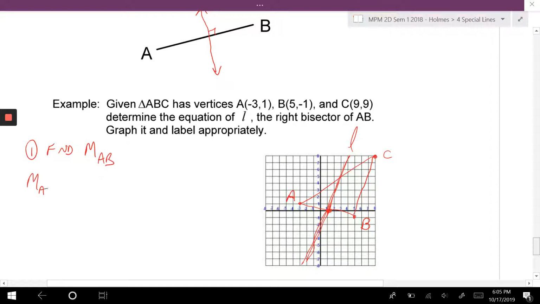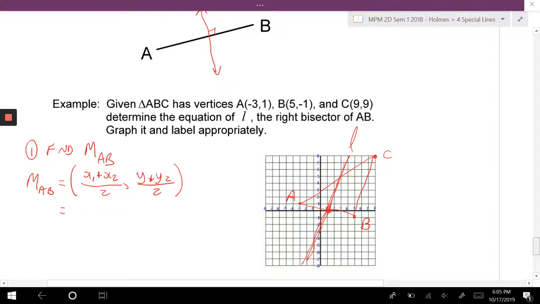The midpoint of AB has coordinates x1 plus x2 divided by 2, and then y1 plus y2 divided by 2. All right, so that's my midpoint formula.